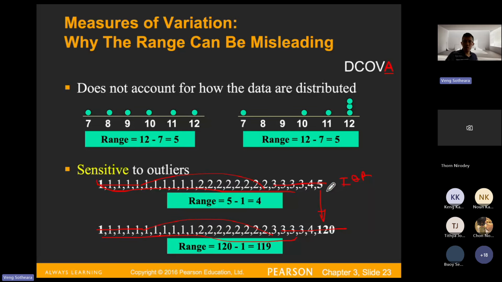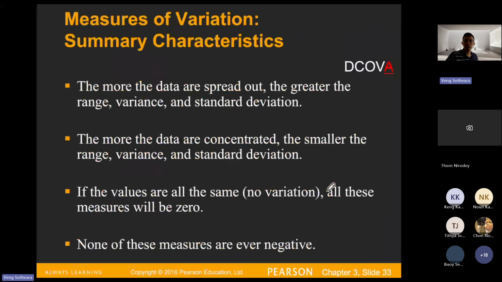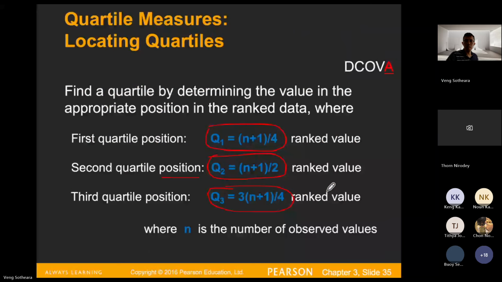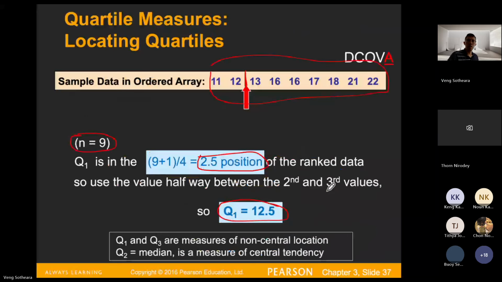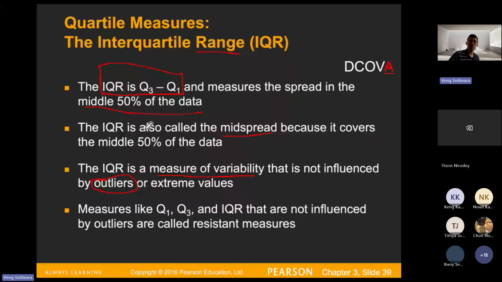So when you use the IQR, it becomes a better measure of spread compared to the ordinary range.